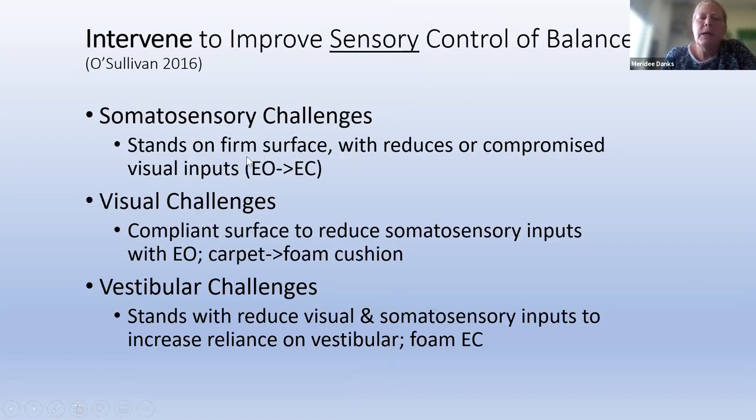So if somebody has more difficulty balancing with their eyes closed, our intervention might work more on limiting the lighting or the vision during that time so they can work on using their somatosensory and their vestibular system a little bit more.